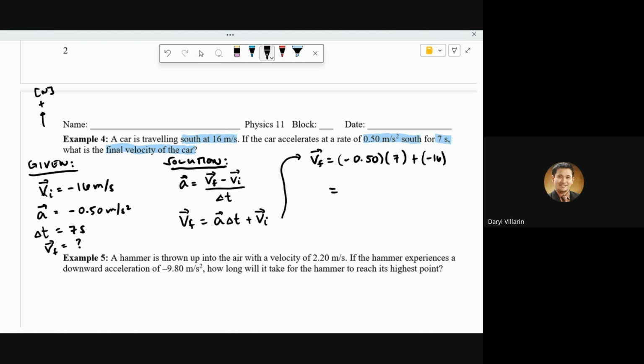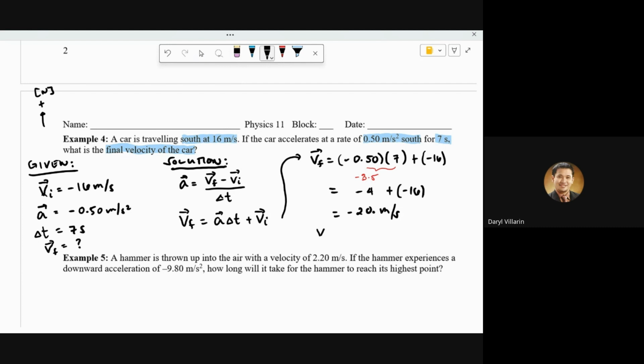If I multiply these two, this will give me negative 3.5. So 7 is just one sig fig, so this should be negative 4 plus the negative 16. So this will give a negative 20 meters per second.